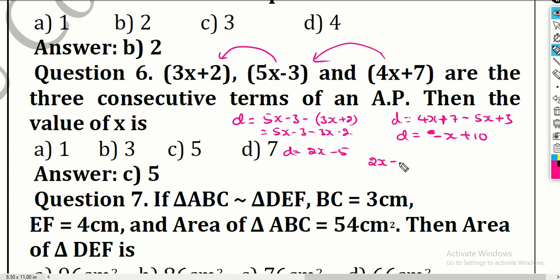We write 2x minus 5 is equal to minus x plus 10. If you transfer this x to the left hand side, that becomes 2x plus x is equal to 10 plus 5, so 3x is equal to 15. That is x is equal to 5. The value of x is 5. Option C is the correct answer.